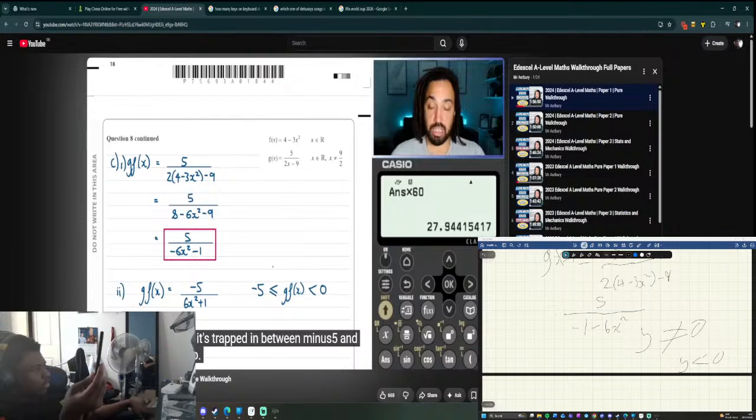Can't x just be anything? Can you do this with the calculator? I feel like the calculator would be really helpful. So -5 over 6, and let's say it's big number squared plus 1. That doesn't look like it's stuck to -5 to me.